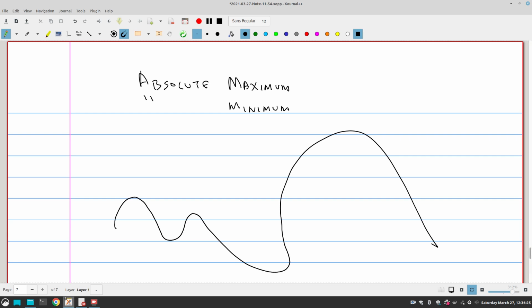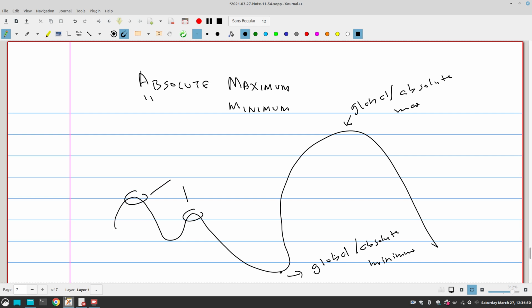So this is a global, or an absolute, maximum. This is a global or an absolute minimum. Again, but this is a local. These are local maxima, right? And this is a local minimum, right?